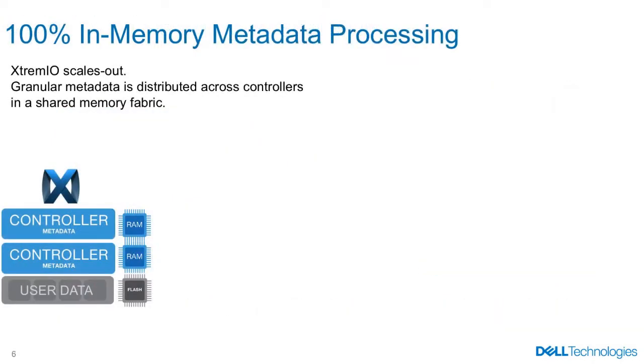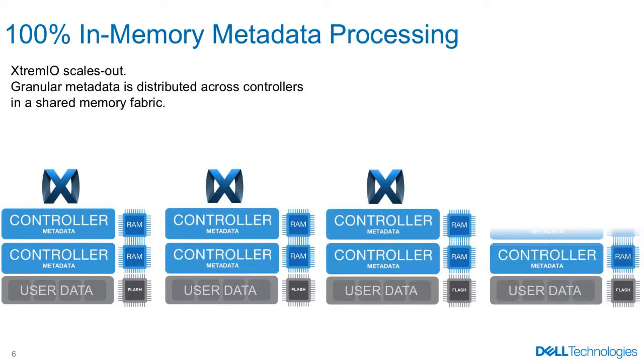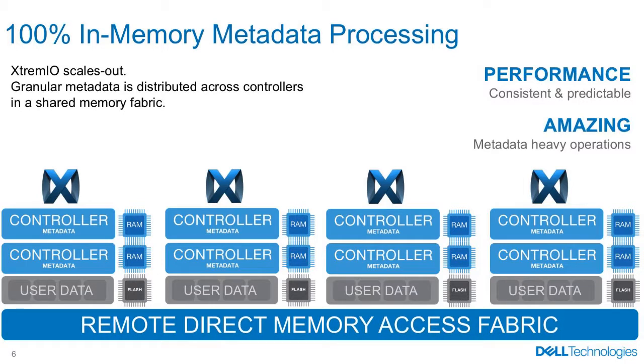Of course, with XtremIO this is not the case. XtremIO supports scale out, and one of its unique capabilities is that all the metadata, all the DNA of the data, resides inside the storage controllers, which means that all the operations and calculations of the data are done at the memory level and shared between all available storage controllers in the system.